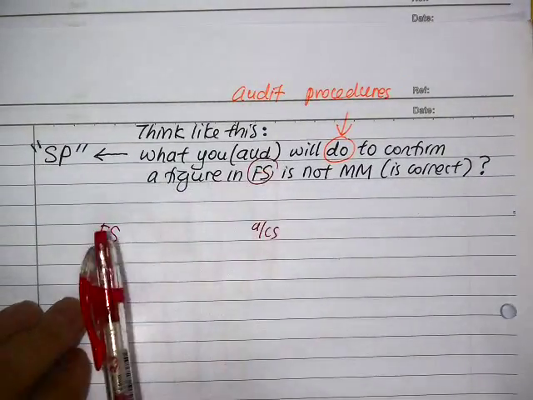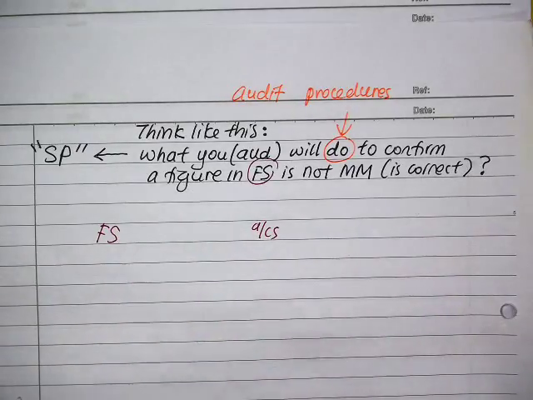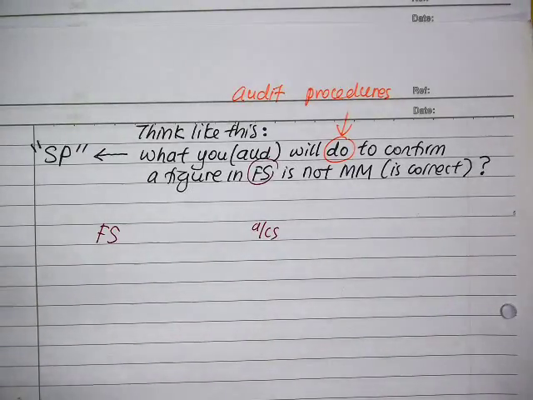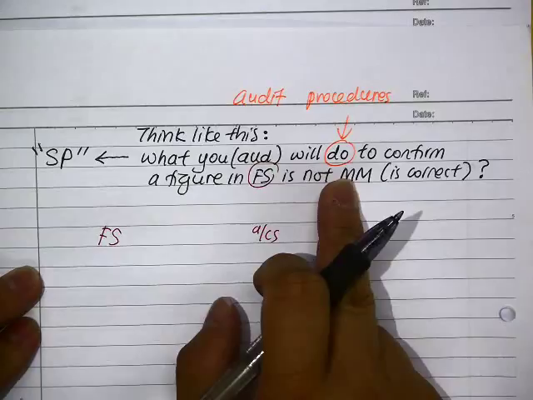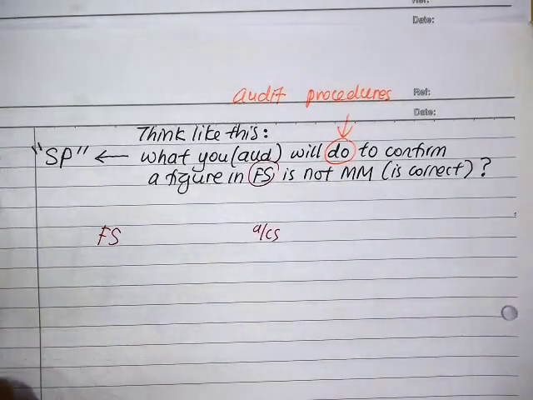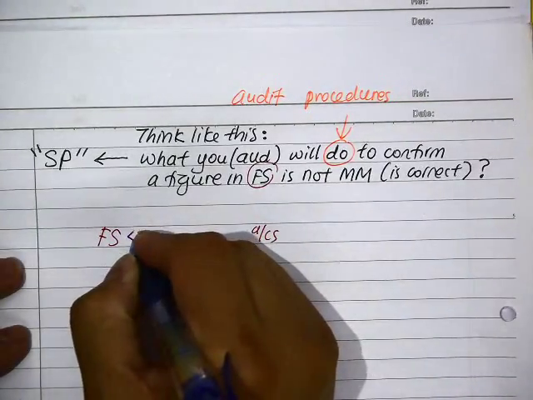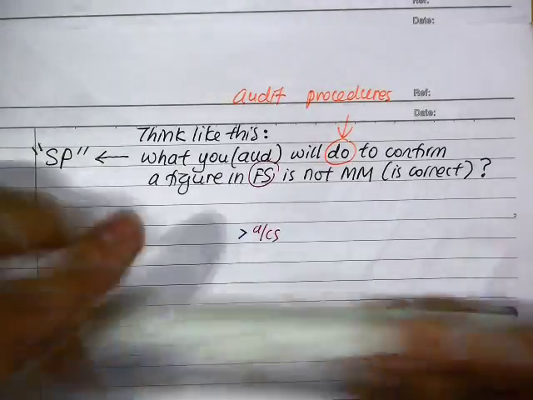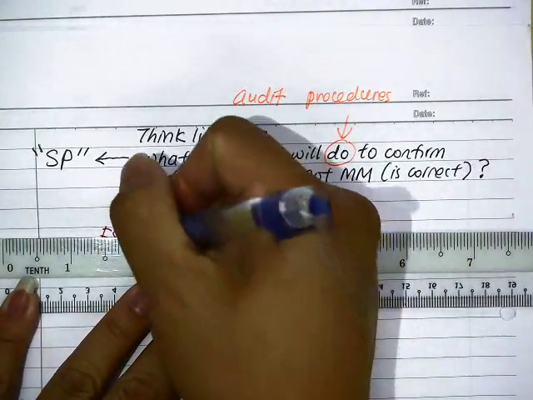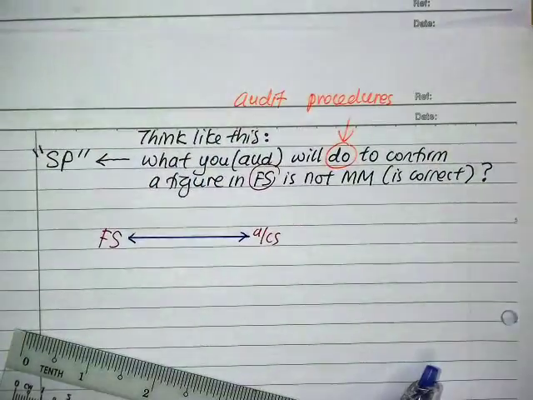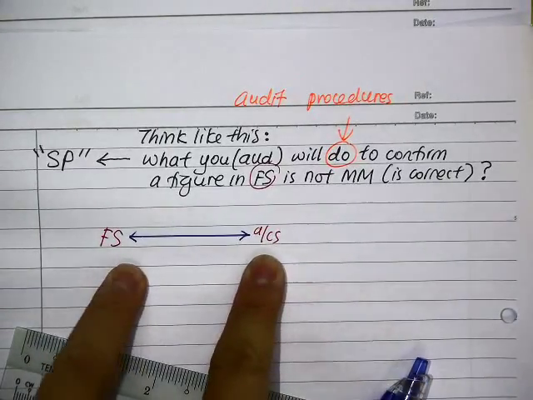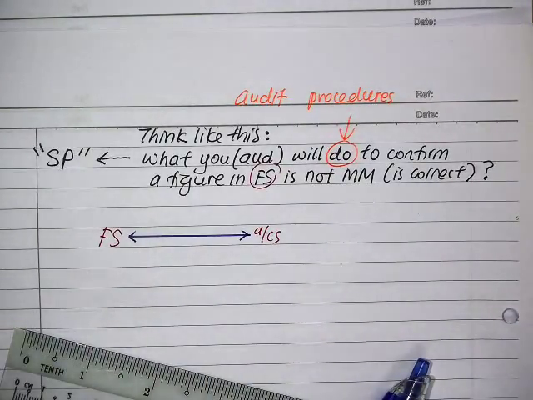Because you're not showing exactly the same figure as in the accounts. So to make sure that the figures you see here are correct, the first thing we need is to make sure that what you see here and what you see here must be same. The figure here and the figure here got to be same.